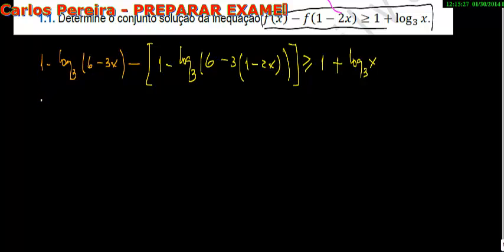So I will have again 1 minus logarithm at base 3 of (6 minus 3 times x).